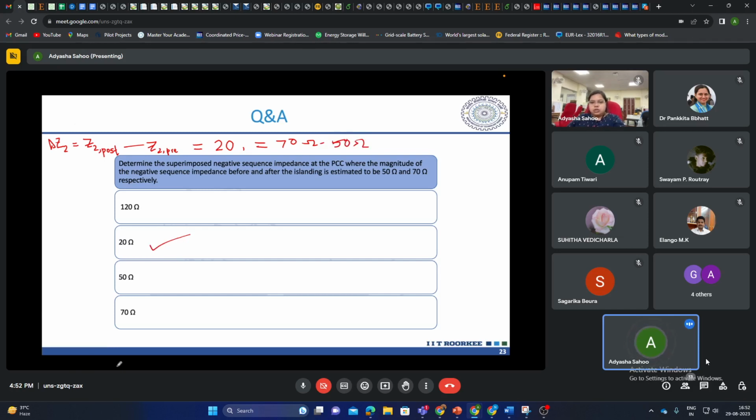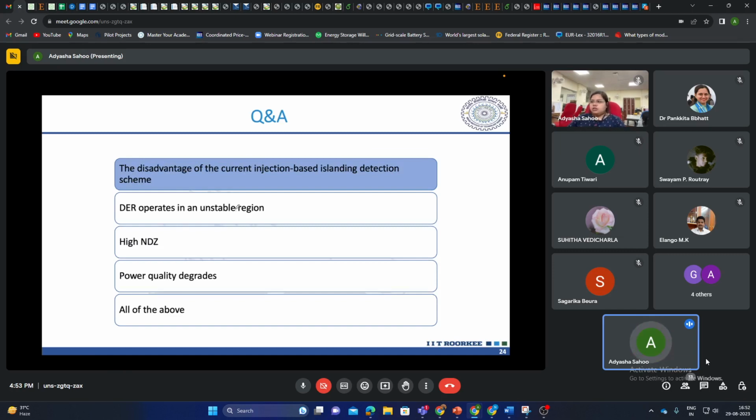Then moving to the next question: the disadvantage of the current injection based islanding detection scheme. Basically, we had seen this in the active islanding detection schemes. So, what is its disadvantage?